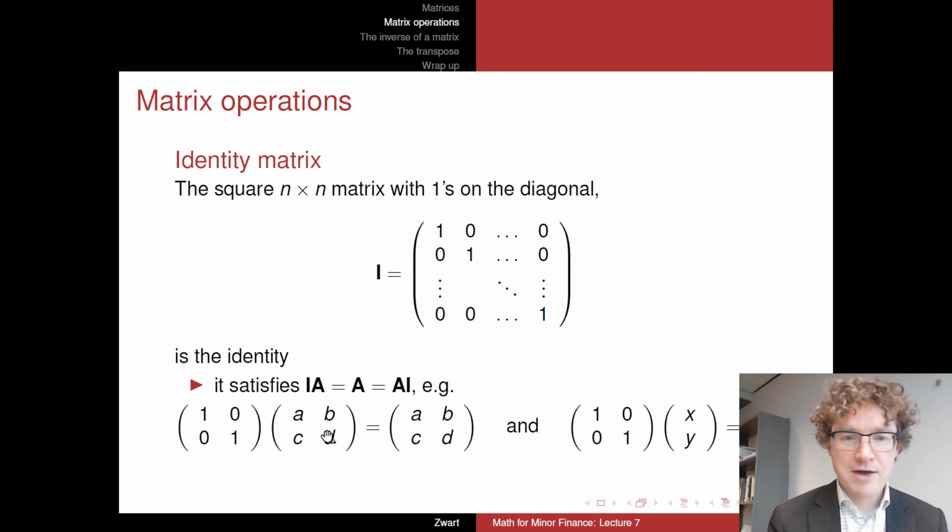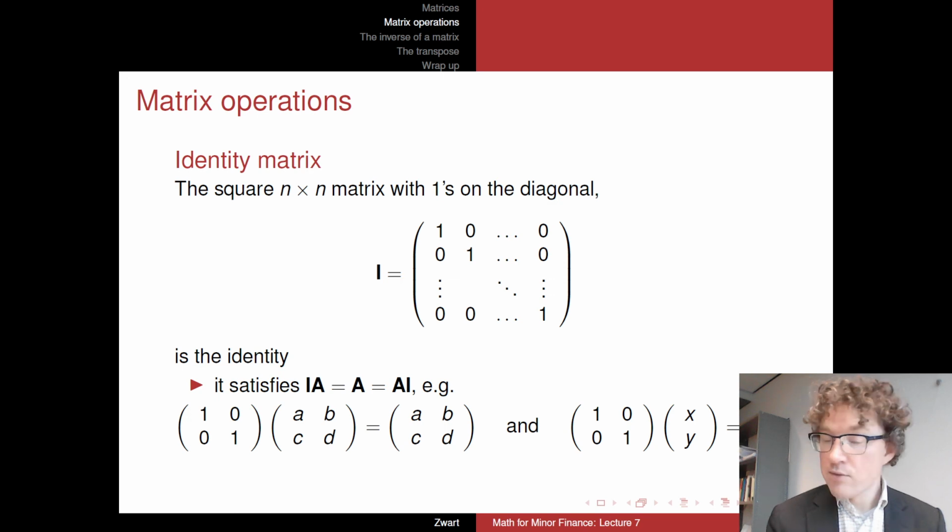Well, in the top left hand corner, you get 1 times A plus 0 times C, so that's A. Top right corner, you get 1 times B plus 0 times D, so that's B. And then bottom left, we get 0 times A plus 1 times C, that's C. And indeed, bottom right, 0 times B plus 1 times D is D. So indeed, we get back the exact A, B, C, D matrix that we started out with. So multiplying by an identity matrix basically does nothing, just like multiplying by 1 for regular numbers. There's nothing to the number.